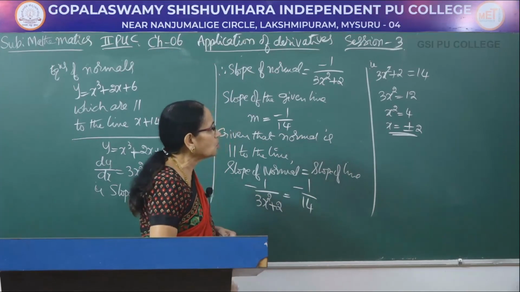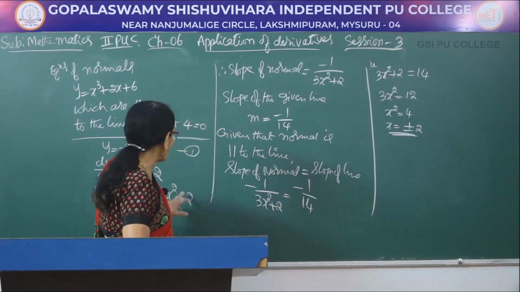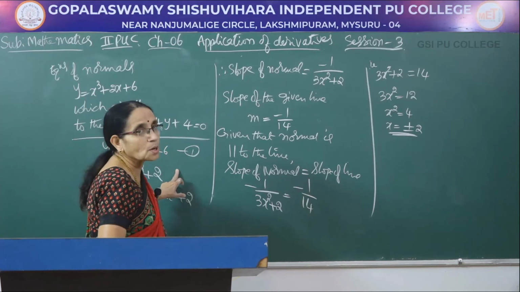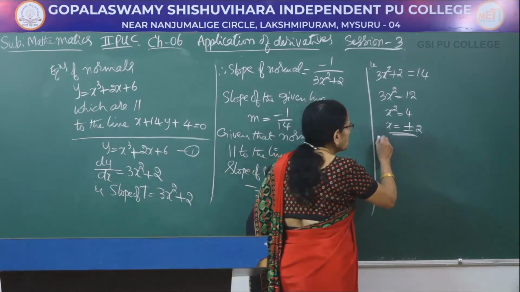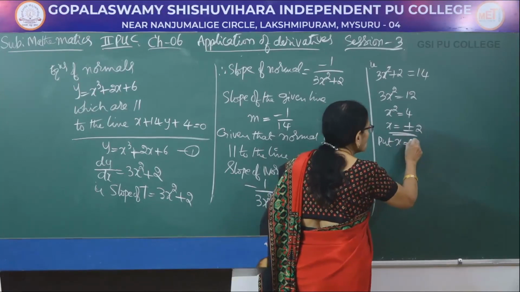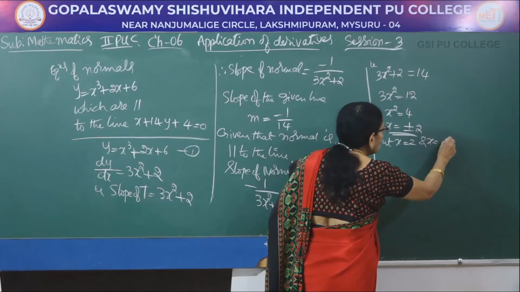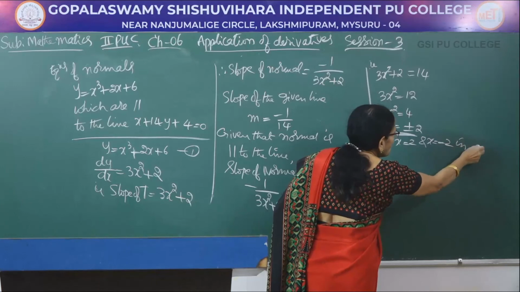Now, x equal to 2 or x is equal to minus 2. Now, to get the values of y, to get the points here, substitute in 1. So, put x is equal to 2 and x is equal to minus 2 in the first result.